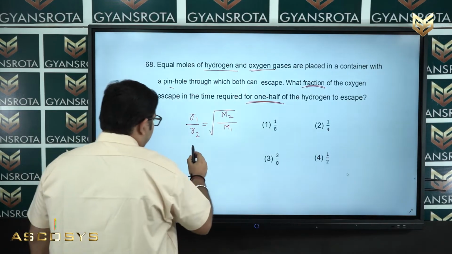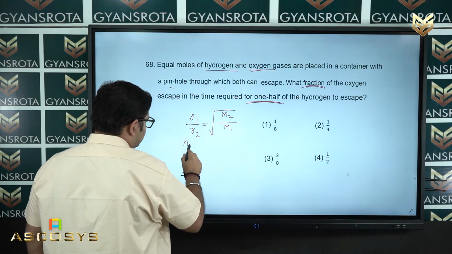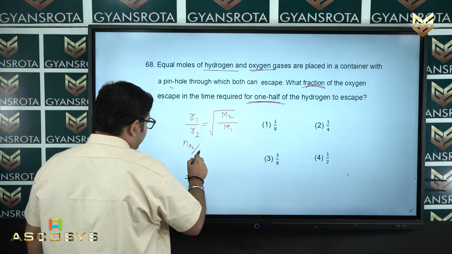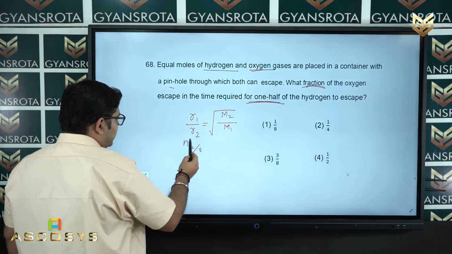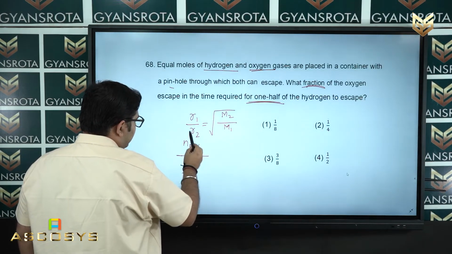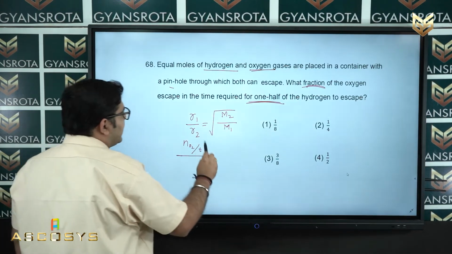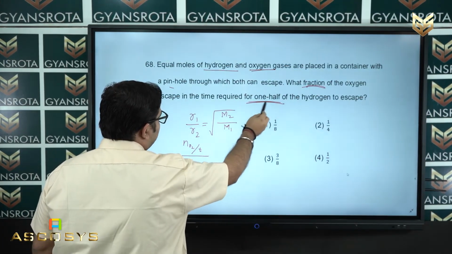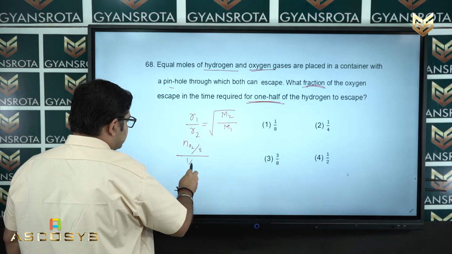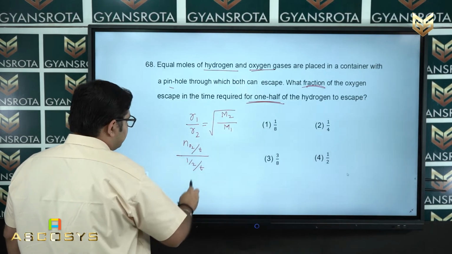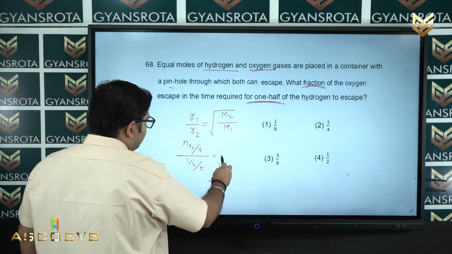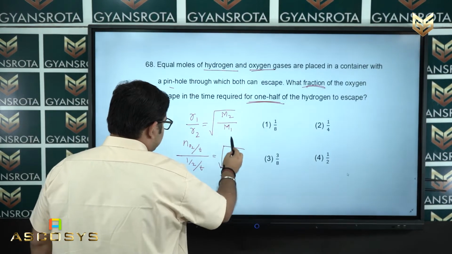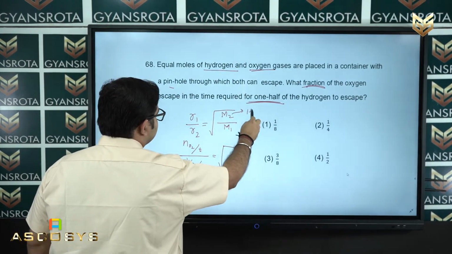R1 I have written as n of O2, that is for oxygen, by time, because rate is nothing but concentration by time, and R2 is for hydrogen, and for hydrogen they have given 1/2, meaning half is the concentration by time.